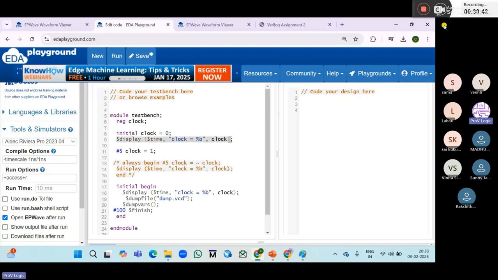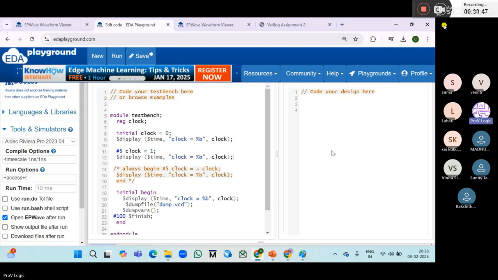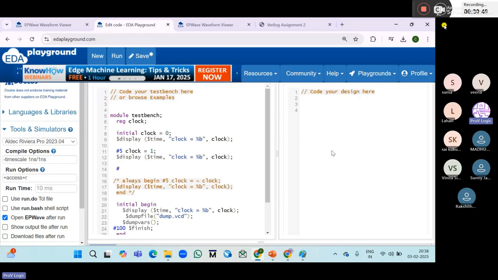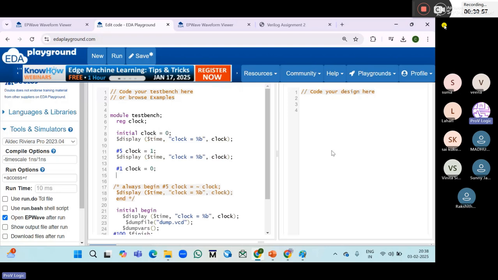So here also I'm putting dollar display, and next, after hash 1, clock equal to 0. After this 0 I am not printing any dollar display statement. Next, after 4 time units, clock equal to 1. After this I want to put this dollar display statement.